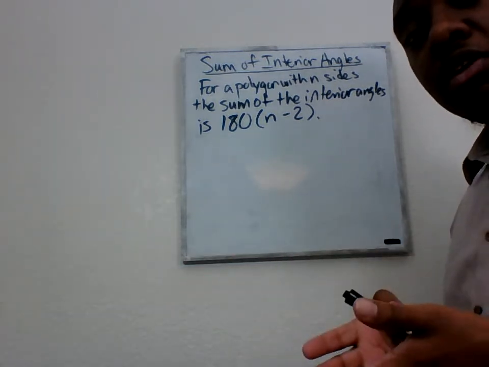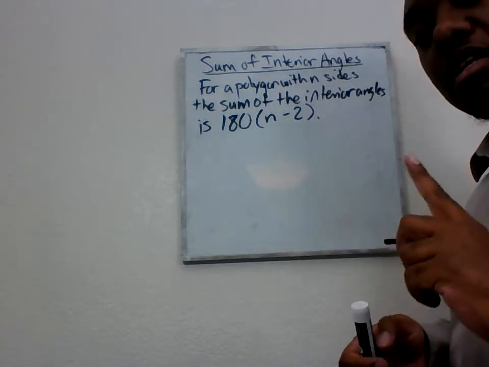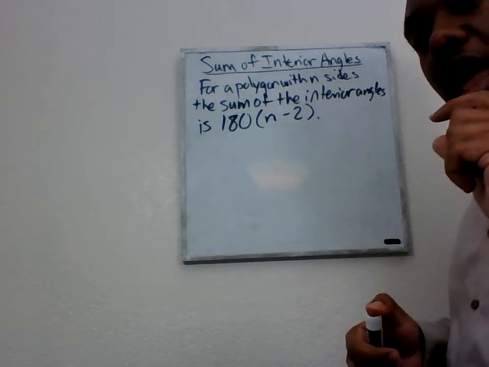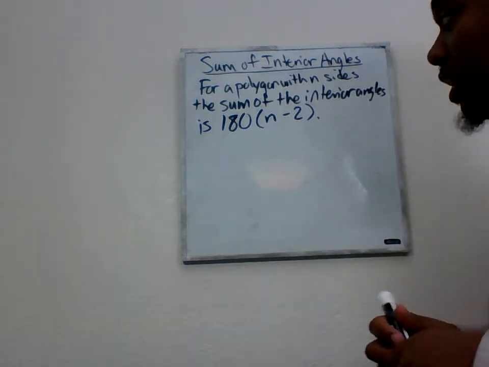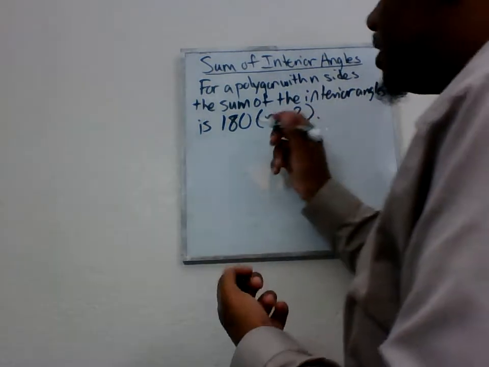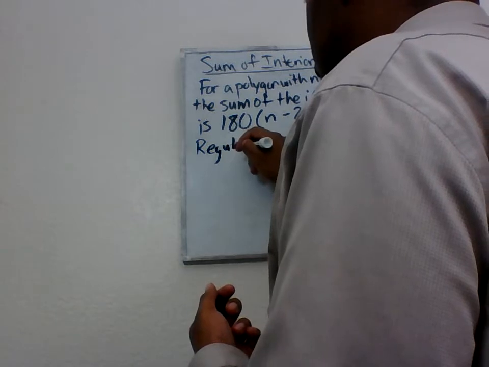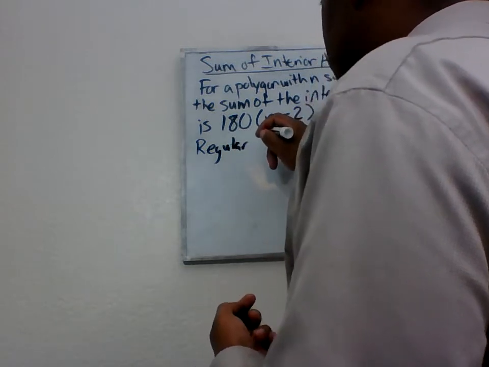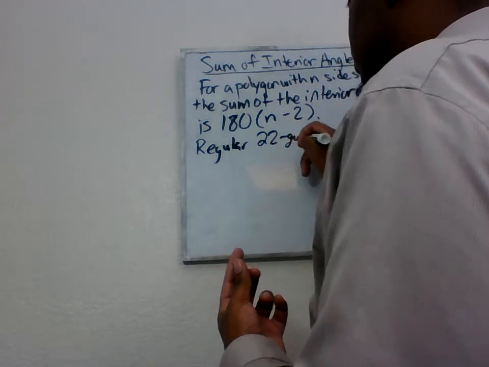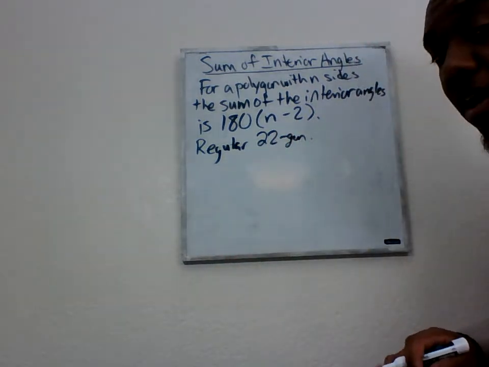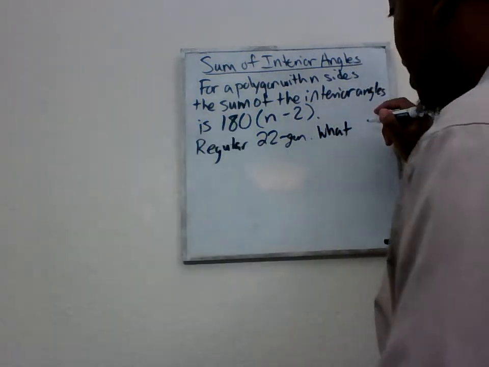So if it was equiangular, or regular, we could then know, based off the number of sides, the measure of each individual angle. Okay, so for example, let's say we have a regular 22-gon, and we want to find the measure of just one interior angle.